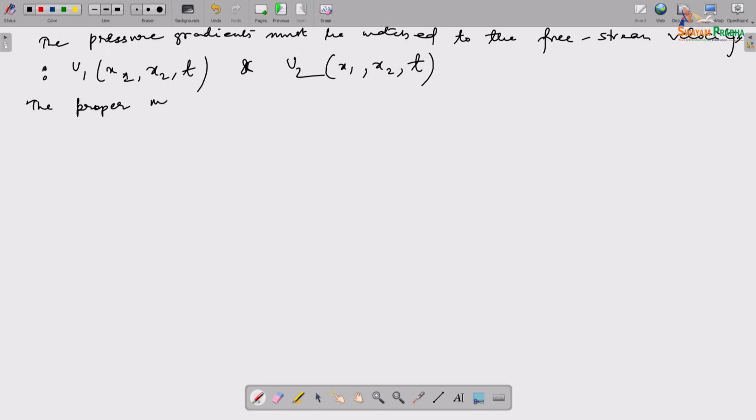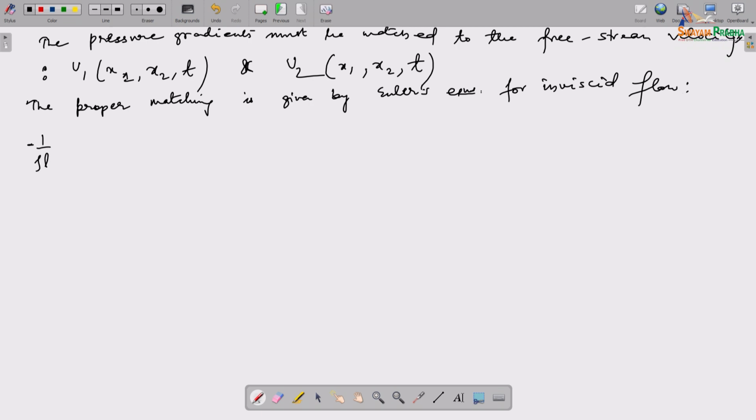So the proper matching is given by Euler's equations. Okay, so let me write that down.